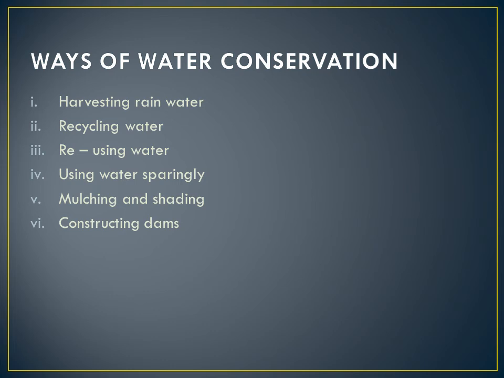Shades are mostly constructed to cover plants in nurseries or seedbeds to reduce the loss of water through evaporation. Shading also protects the seedlings from direct sunlight that makes them wither off.